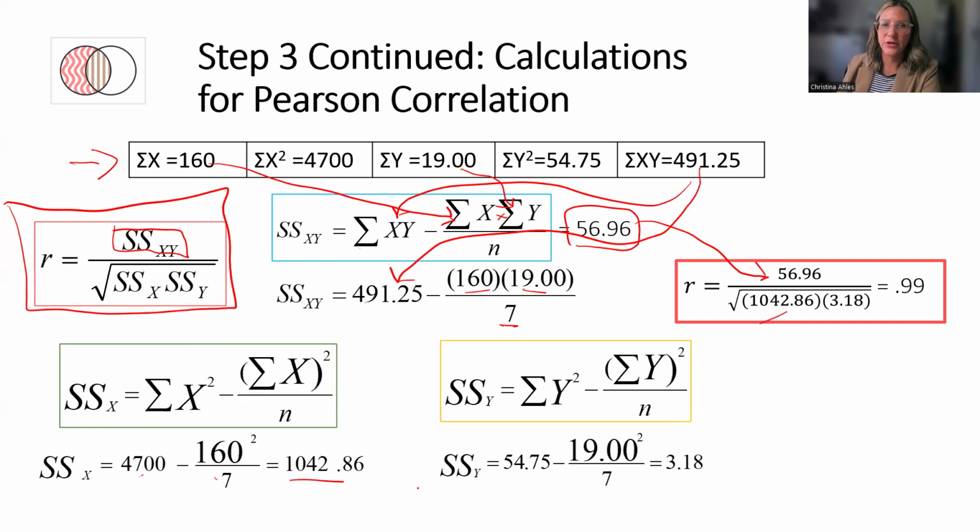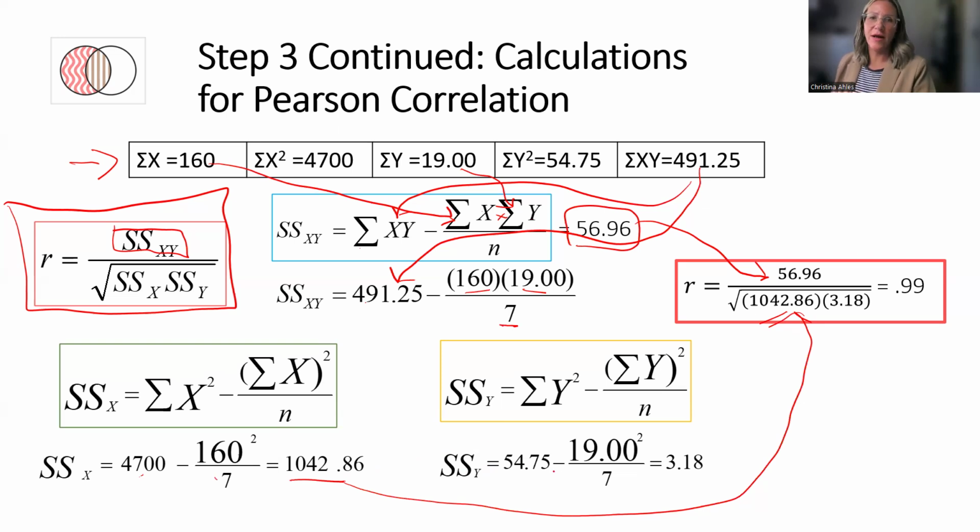Then you're going to do your sums of squares y, just using that y variable. So 54.75 is your sum of y squared. Then you have your 19 squared. So that sum of y is squared. Remember to square that. Divided by 7, you get 3.18.